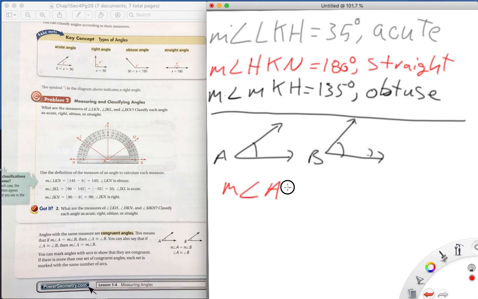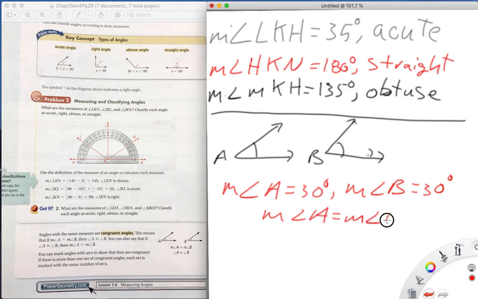Well, since I know that they're the same, I can also say that the measure of angle B equals 30 degrees. Notice that I use the equal sign because it equals some numeric value. So when I talk about equality in terms of the measurement, I can say the measure of angle A is equal to the measure of angle B.